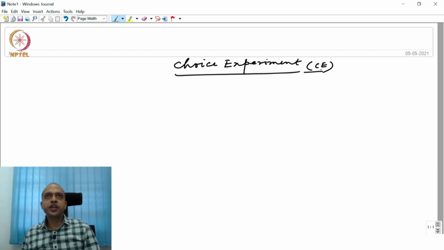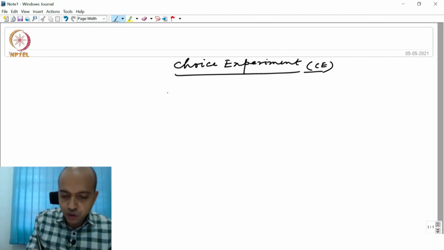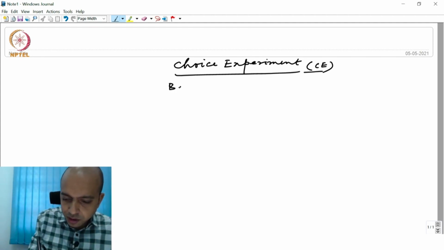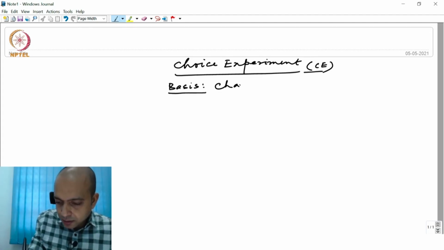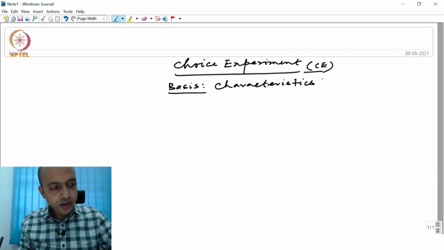Now, at the very outset, I would say that this particular technique, choice experiment, is based on the characteristics theory of value.